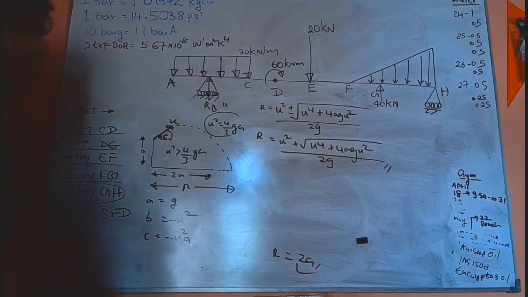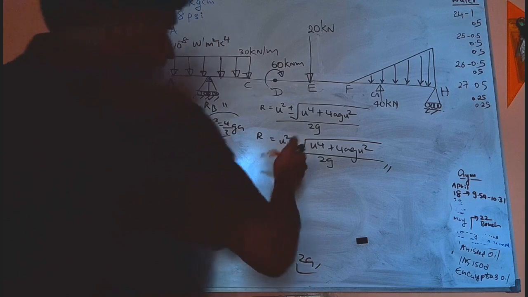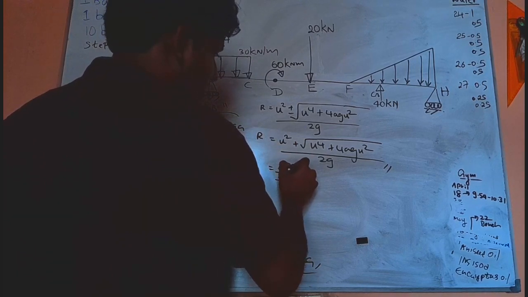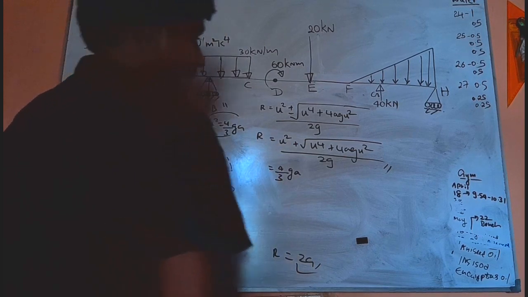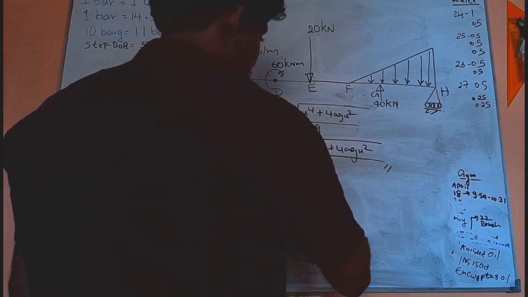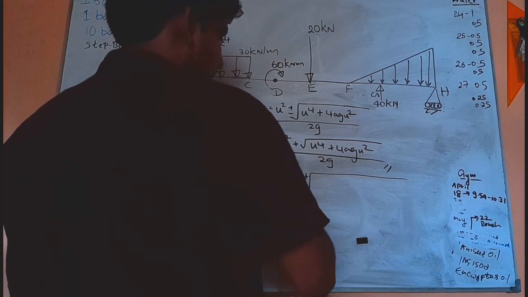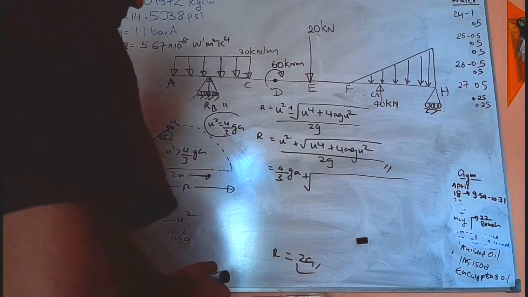So it is very easy. Just put u squared equals 4 by 3 ga. So r equals 4 by 3 ga, then plus the square root symbol. Now you have to do the simplifications, right?